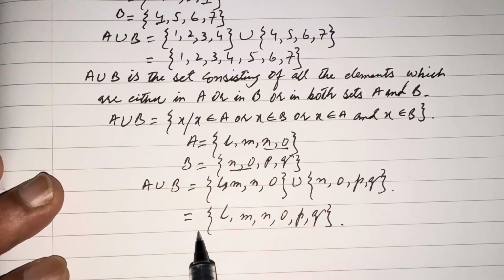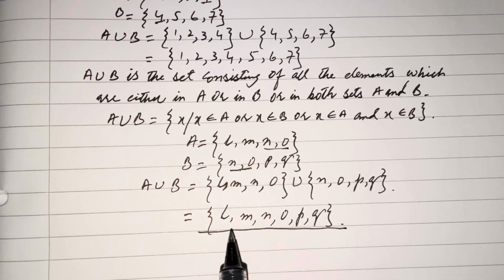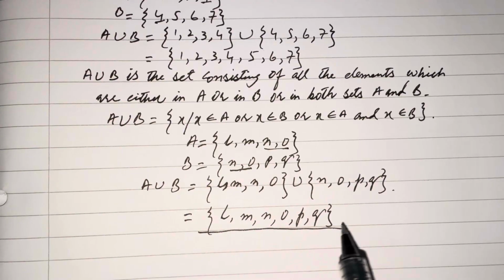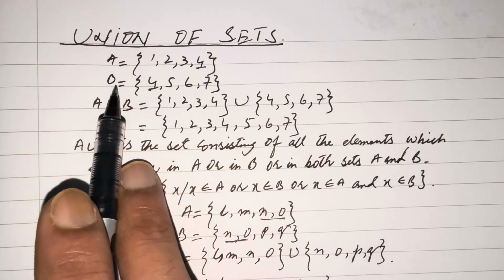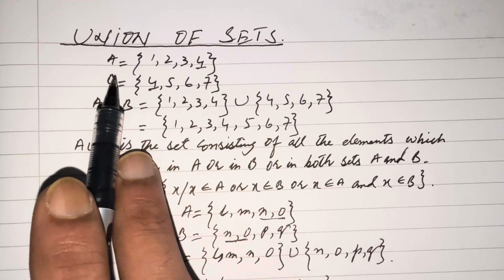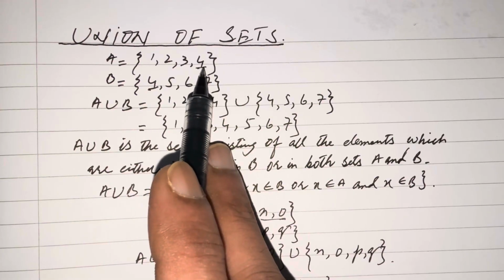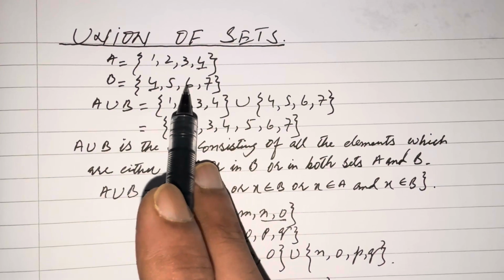So in simple words, when we have to find the union of two sets, we will have to write all the elements of the given sets. That's the way we can find the union of the given sets. In our first example, A is the set with elements 1, 2, 3, 4, and B is the set with elements 4, 5, 6, 7.